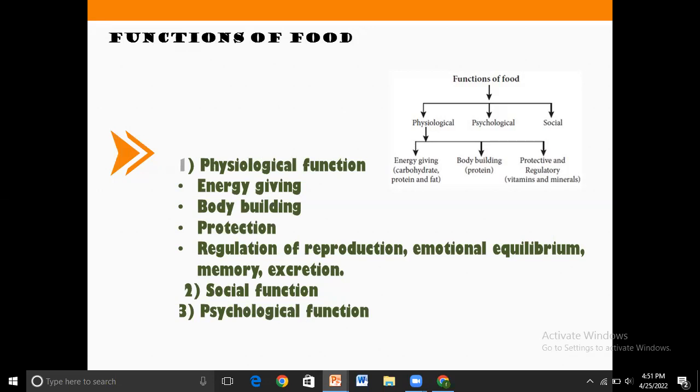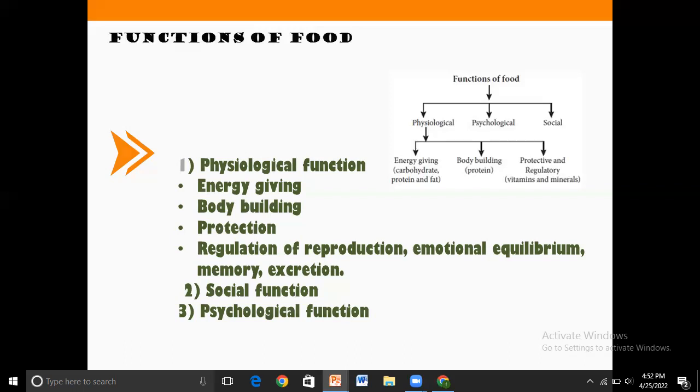Of course, food is required. Then protection from diseases, because naturally vitamins, minerals, all these things are called protective foods, because they have a role in preventing diseases, protecting us from all sorts of diseases, deficiency diseases, etc. Then it is also important in regulation of reproduction, emotional equilibrium, memory, excretion, etc. So food plays a role in almost all walks of our life, because if the intake of food is not proper, reproduction can be affected, your emotional state, your psychological well-being is affected, and socially it helps you to function.